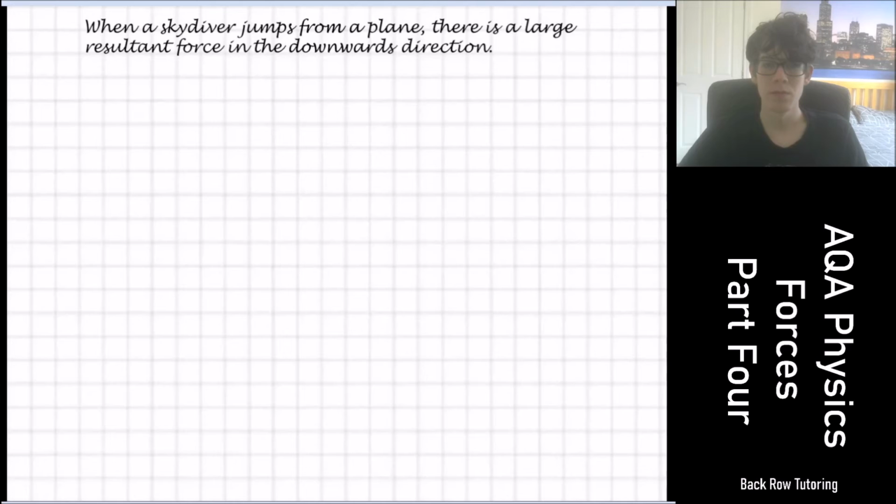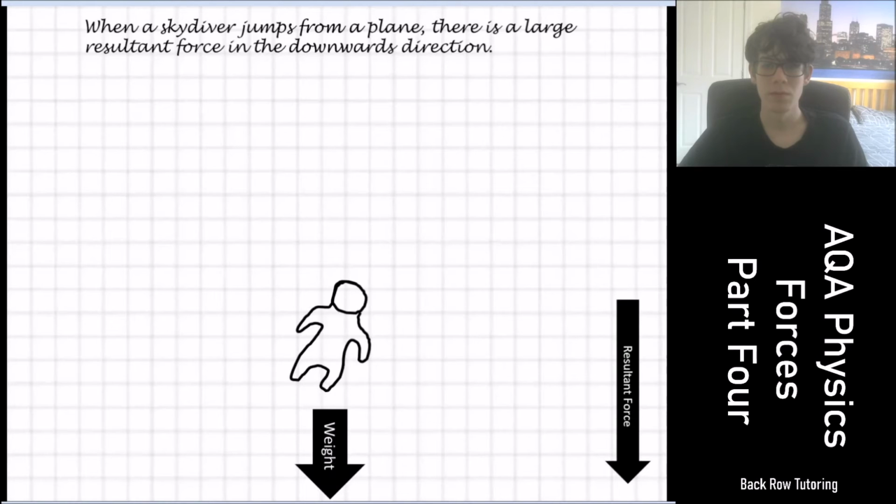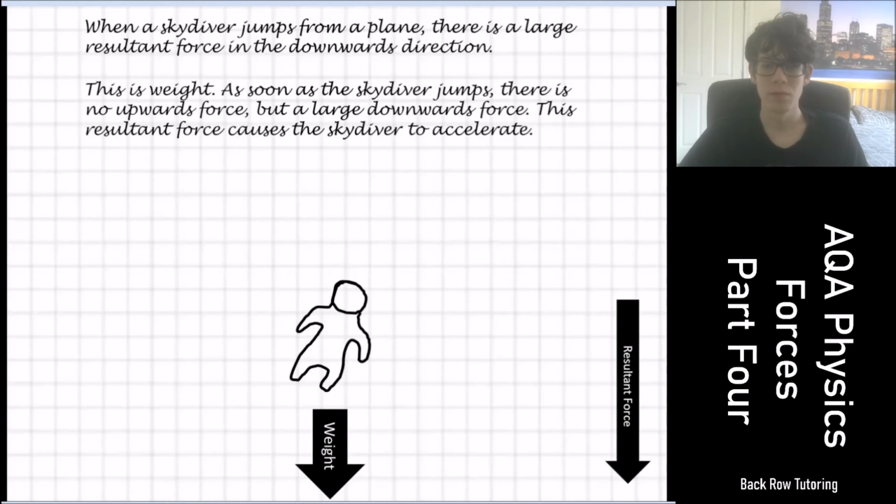When a skydiver jumps from a plane, there is a large resultant force in the downwards direction. This is weight. As soon as the skydiver jumps, there is no upwards force, but a large downwards force. This resultant force causes the skydiver to accelerate downwards.